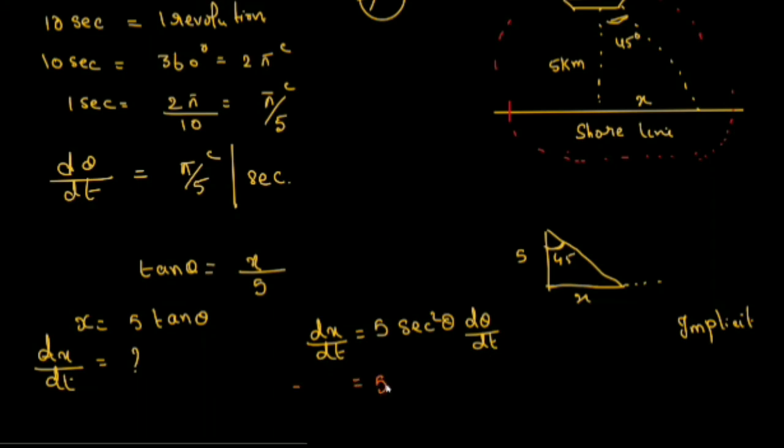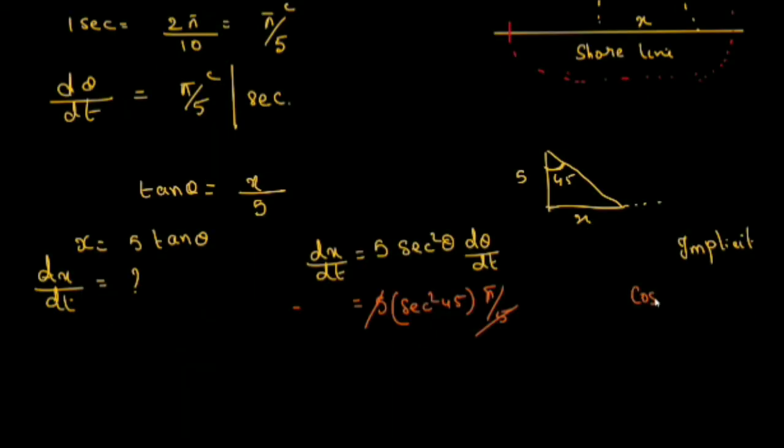So 5 secant square theta, where theta is 45 degrees. So 5 secant square 45 into d theta by dt, which we already found is pi by 5. Substitute it here. What is cos 45? 1 by root 2. So secant 45 will be root 2, and secant square 45 will be 2.